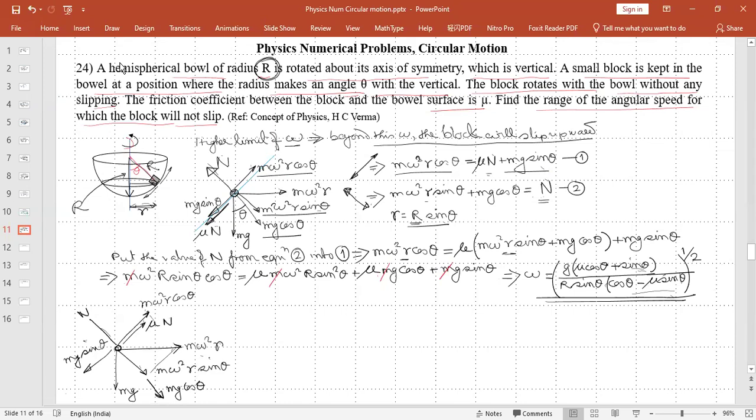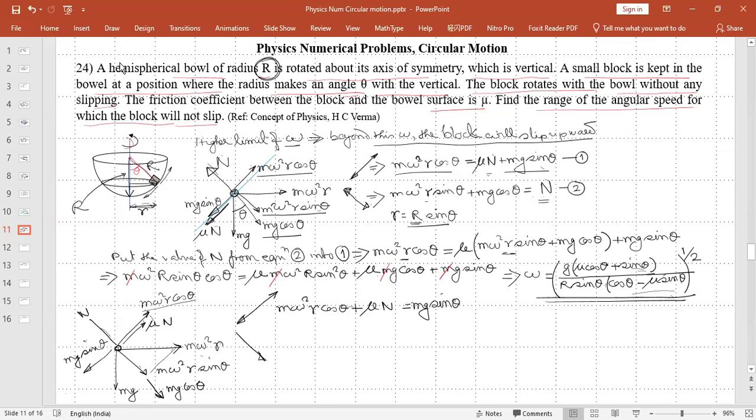Similarly, here, if we consider the forces along the slope, m omega square small r cos theta plus upward force mu N will be equal to the downward force along the slope, mg sin theta.